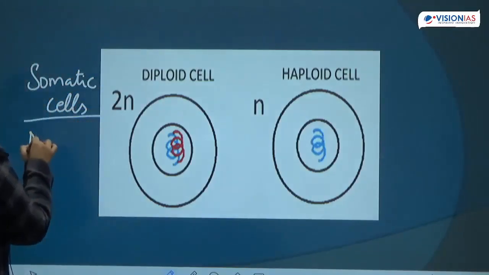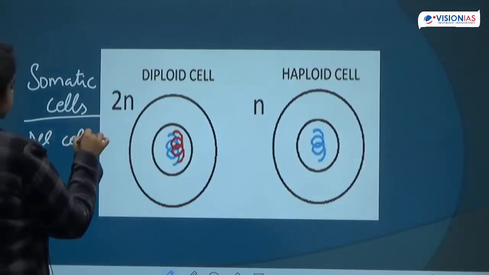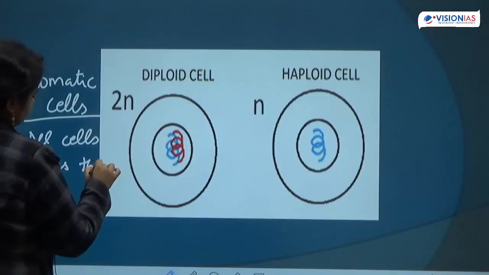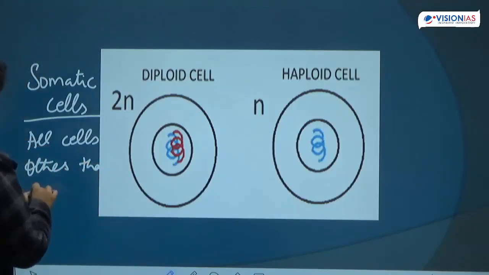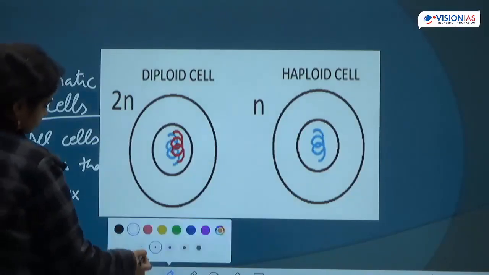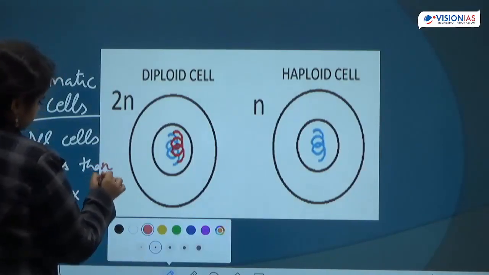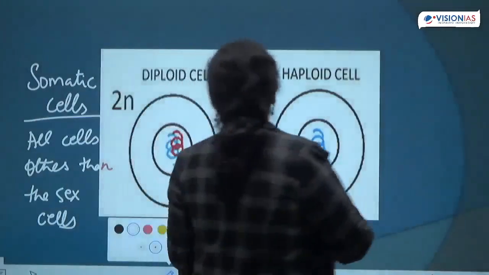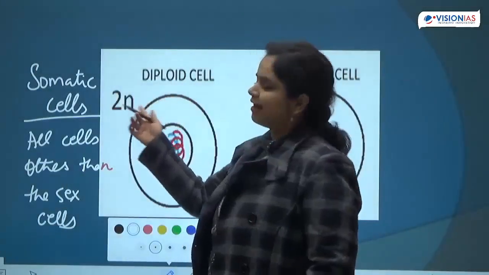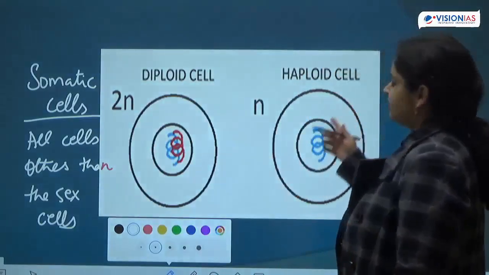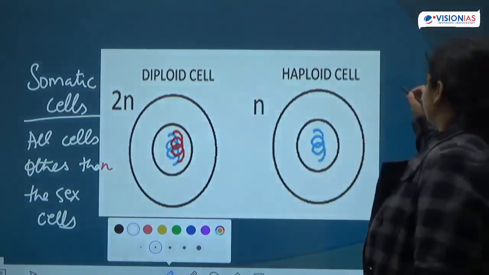Somatic cells are all cells other than the sex cells. And they would be called diploid because they are 2n, 2 into 23. Think of that. The n is for the gametes.